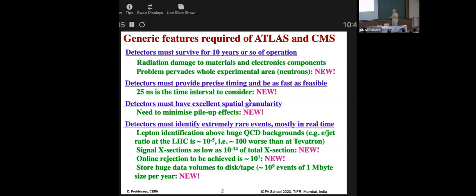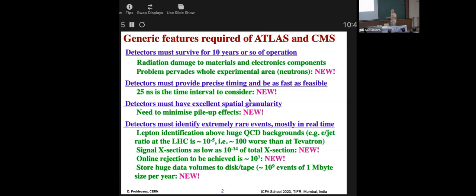And at the LHC, the ratio of leptons at a given transverse momentum of around 20 GeV or 40 GeV, typical for Z and W production, for example, is 10^-5, which is 100 times worse than it was at the Tevatron. So saying that you could do this at the Tevatron does not mean you can do it at the LHC. And the signal cross sections are as low as 10^-14 of the total cross section. So this is also, again, a new challenge.